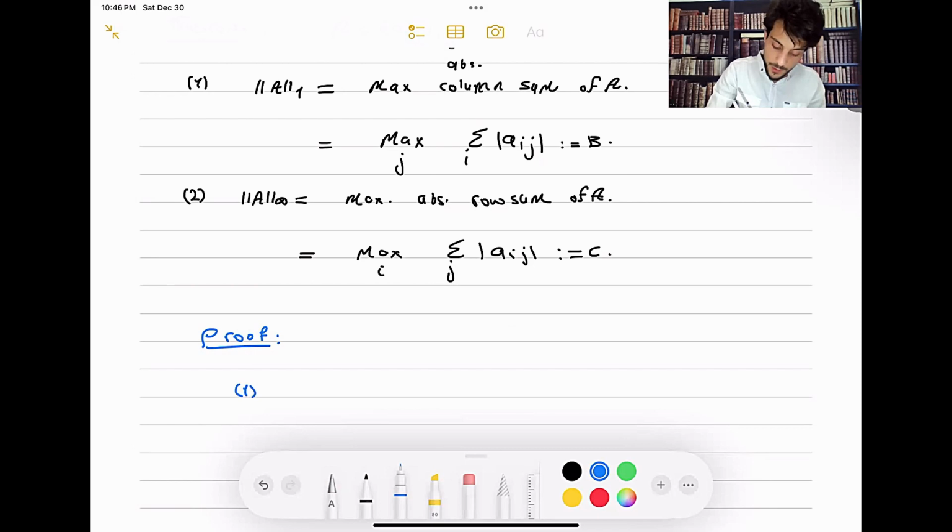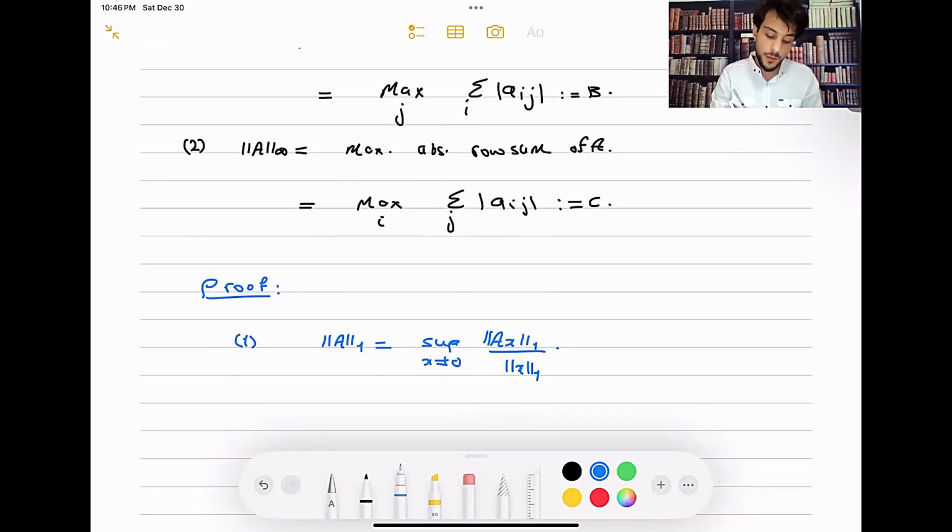If we recall what the one norm is defined as, as the induced norm, it's going to be the supremum over all such ratios. This is a second trick that I want to teach you here. Whenever you're faced with such a problem, what you want to do is prove two inequalities to get the equality. And this is a standard trick in analysis.